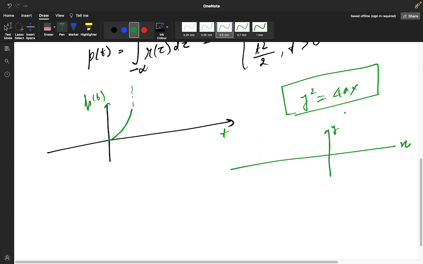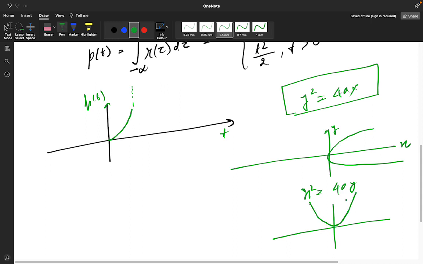The x value will always be positive, so the curve looks like this. And what about x square equals 4ay? The y value will always be positive, so this curve will look like this.